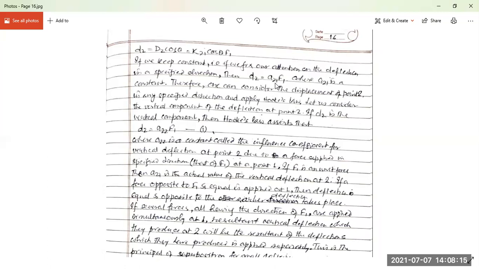Here we are asking for deflection in a specified direction itself. So we can consider the deflection of this specimen at point 2 in any specified direction and apply Hooke's law. Let us consider the vertical component of deflection at point 2. If D2 is the vertical component, Hooke's law asserts that D2 is A22 into F1.